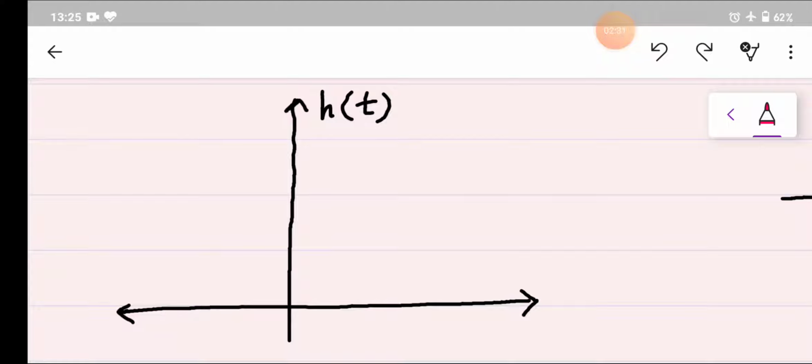So I'm drawing it here, so this will be the gate pulse.